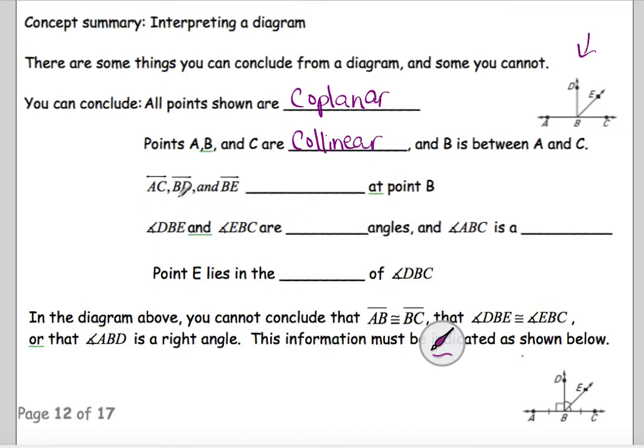Line AC, ray BD, and ray BE intersect at point B. Angle DBE, that's here, and angle EBC are adjacent angles.